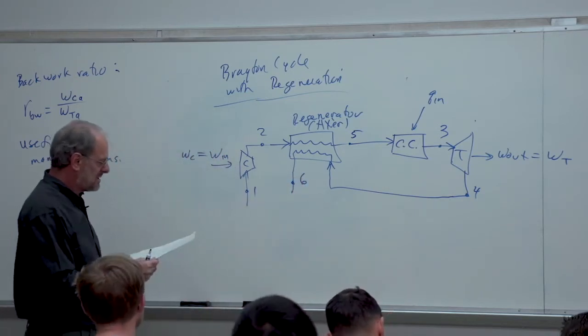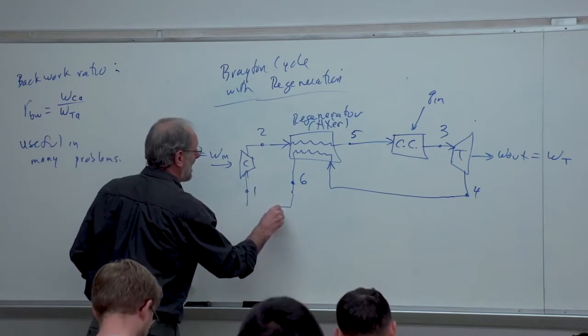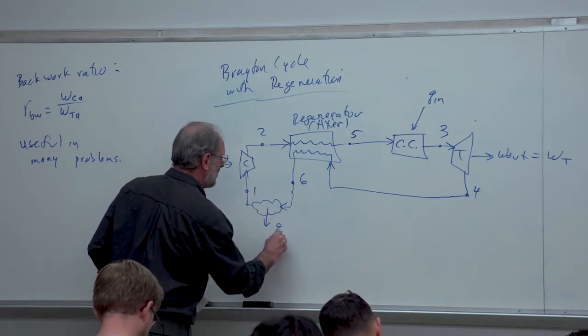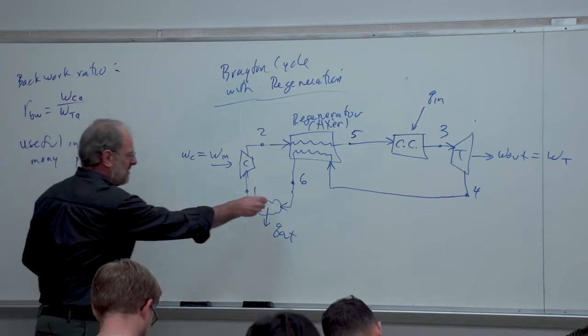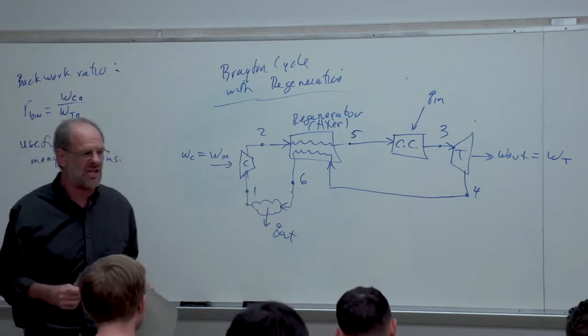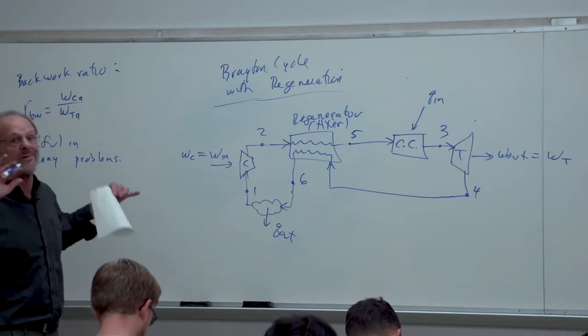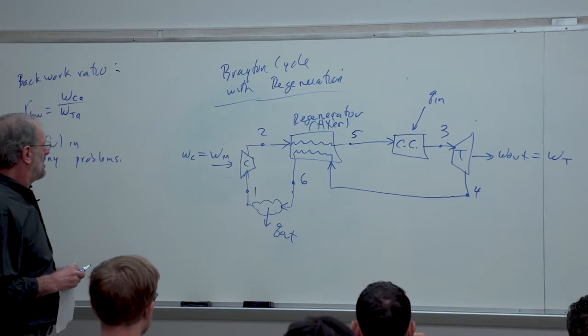We'll call this point 6. And now we finally go into our environment, which is our final heat exchanger, where we have our heat rejection, our heat output. Okay. I like to show the environment just kind of as a big cloud. You could show it as a heat exchanger or really anything you want, but it's a closed system. We're not really dealing with the environment, but still, I show it this way.